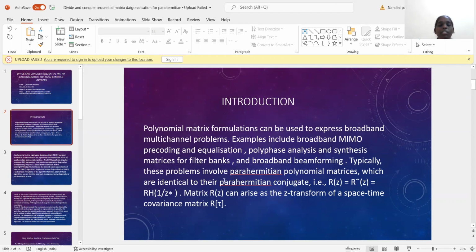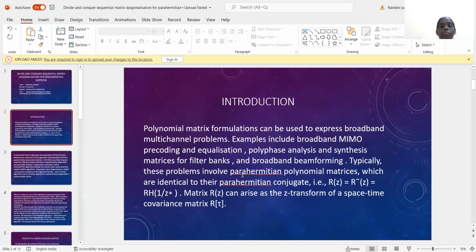Typically these problems involve para-Hermitian polynomial matrices, which are identical to their para-Hermitian conjugate, that is R(z) = R̄(z) = R^H(1/z*).